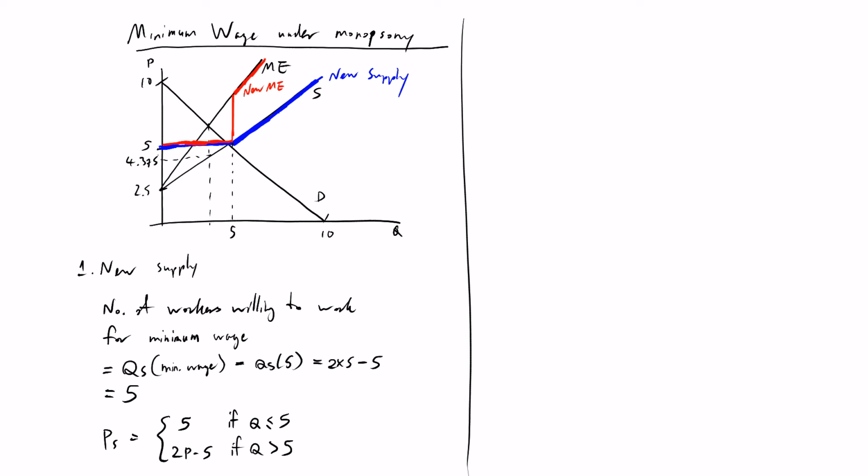Once again, this is a line with two parts. Well, technically three parts, but the middle part is just a brick, so we don't need to express it. New marginal expenditure. What do we do here? You have to double the slope for the part that is diagonal.